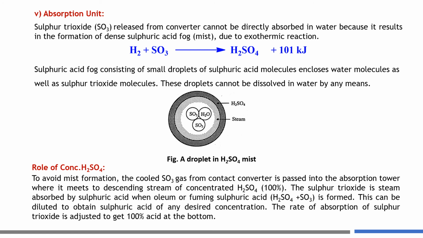The sulfur trioxide is absorbed by sulfuric acid, and oleum or fuming sulfuric acid, that is H2SO4·SO3, is formed. This can be diluted to obtain sulfuric acid of any desired concentration. The rate of absorption of sulfur trioxide is adjusted to get 100% acid at the bottom.